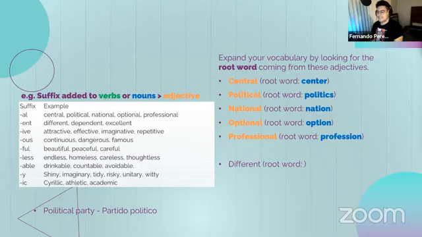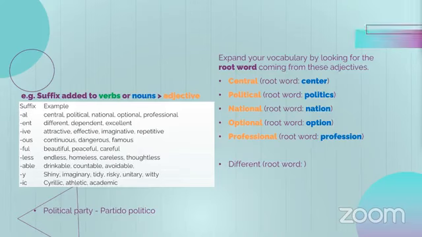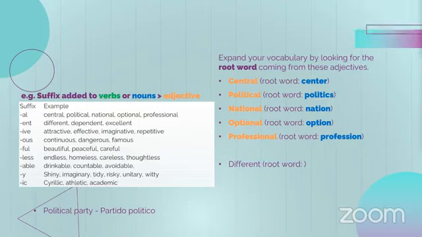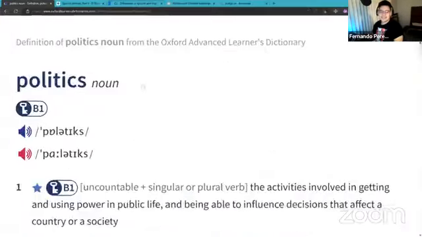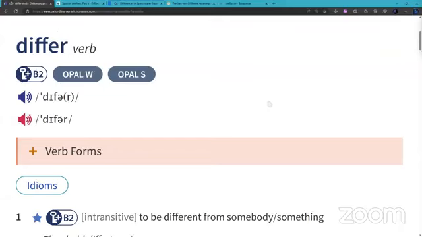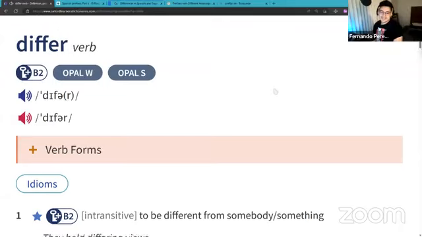Don't be afraid to make a mistake. Nobody? Come on, guys. Just eliminate the ent. How do you say it? Differ. Excellent. And the pronunciation is in the first syllable. Differ. Welcome to upper intermediate.